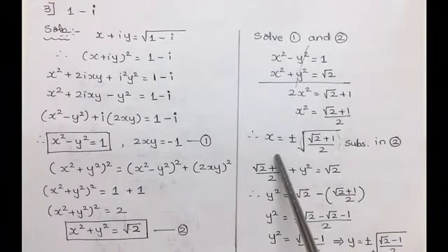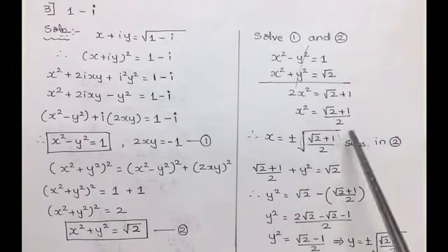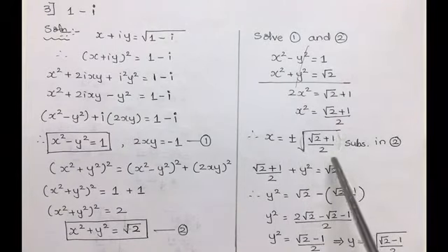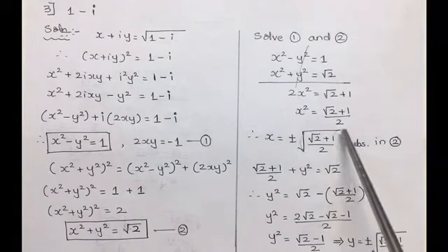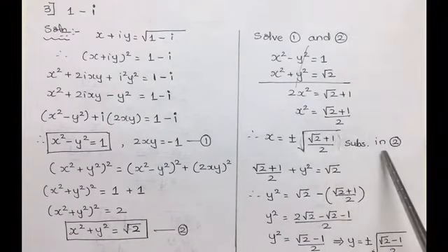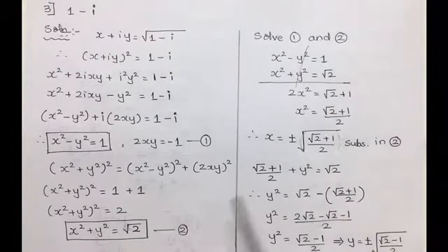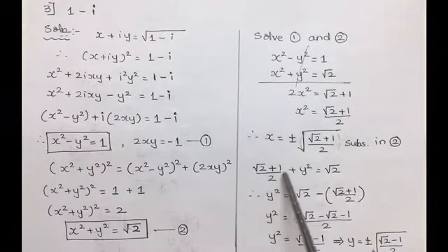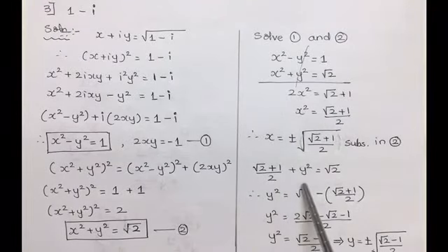So the value of x will be plus or minus root of root 2 plus 1 divided by 2. Now substituting this value of x square in equation number 2, in the place of x square we get root 2 plus 1 divided by 2 plus y square is equal to root 2.